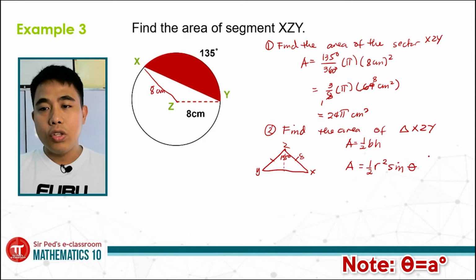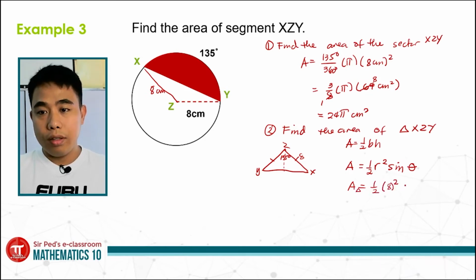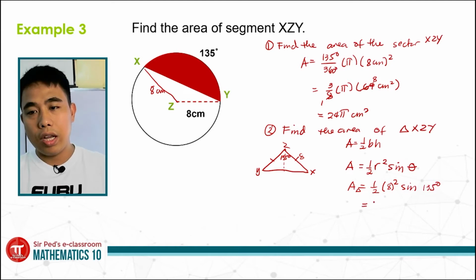So our theta will be our included angle, which is 135. So area of the triangle is equal to 1/2 times 8 squared sine 135 degrees.